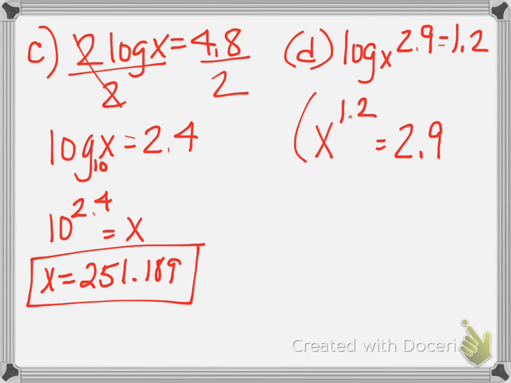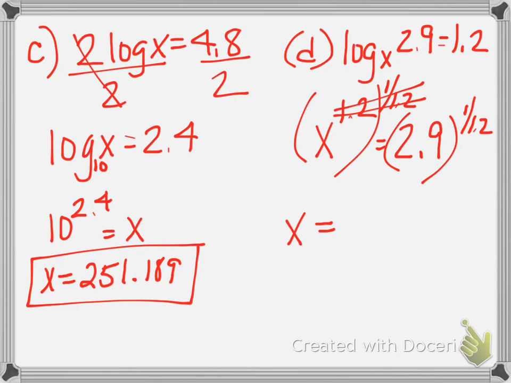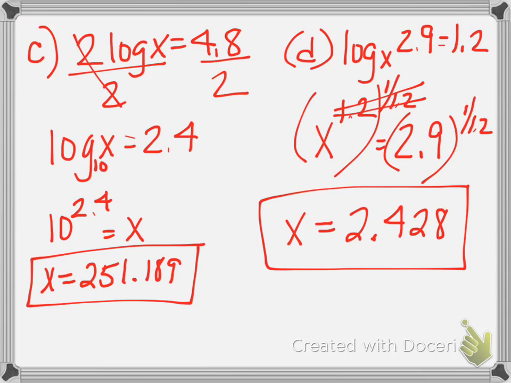To solve for x, I simply raise both sides to the 1 over 1.2 power. This cancels the exponent, leaving me with x equals, and calculating that, I get 2.428. All right. Again, slow down, stop, pause, go back, whatever you need to do. I'm just going to keep on rolling.